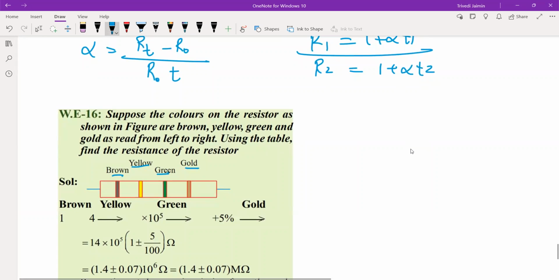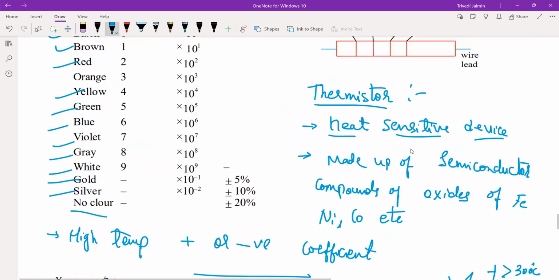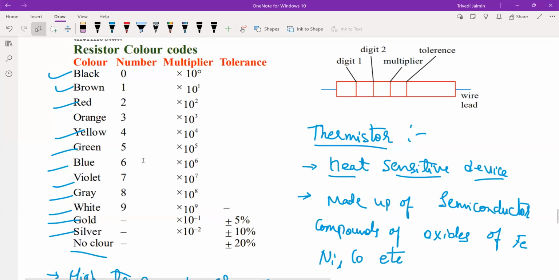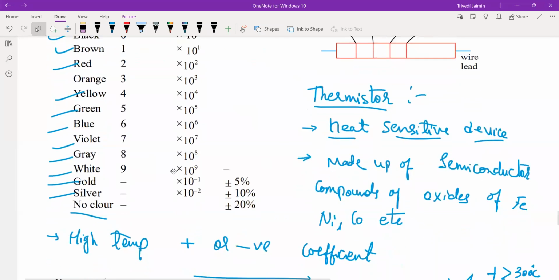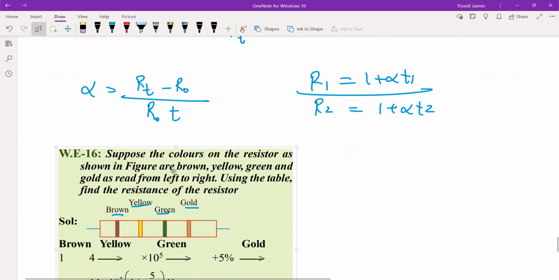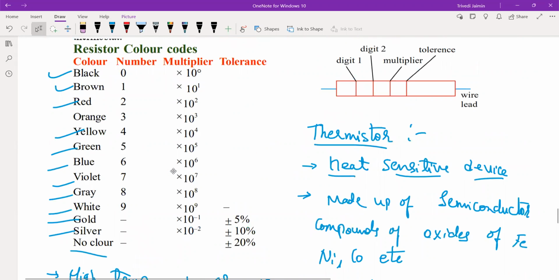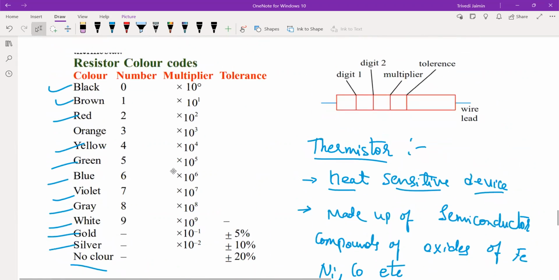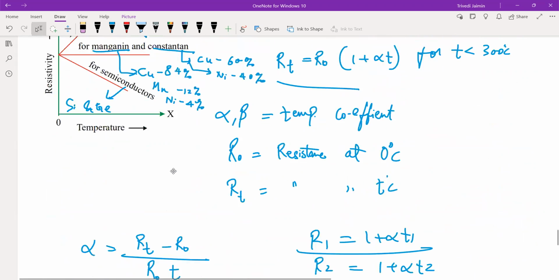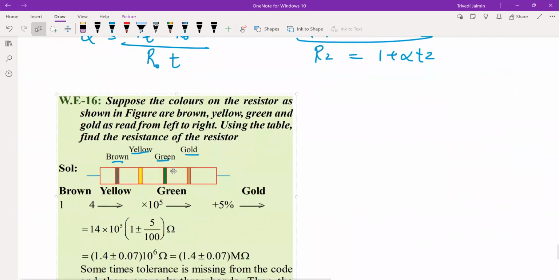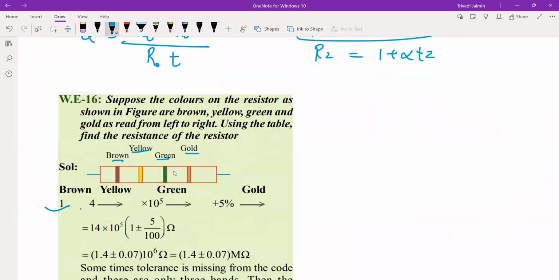As we go from the top, see the chart. Brown, yellow, green, gold. So brown is 1, yellow is 4.